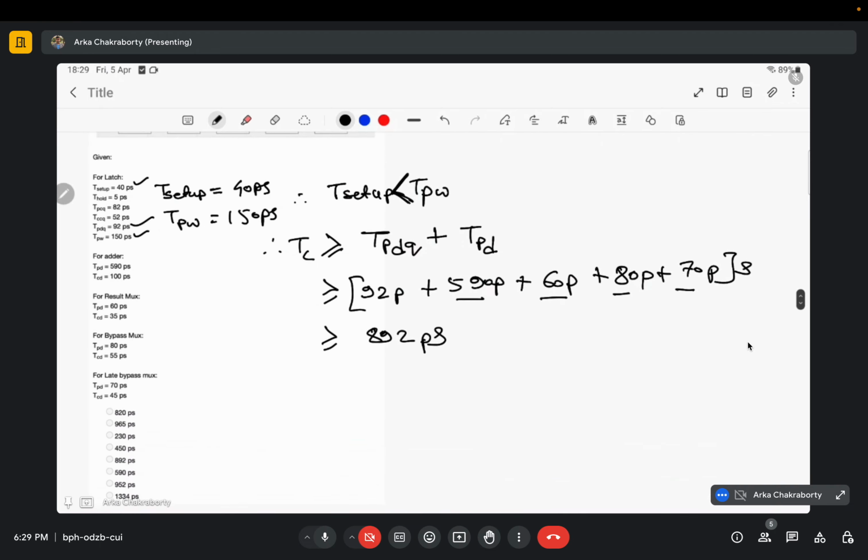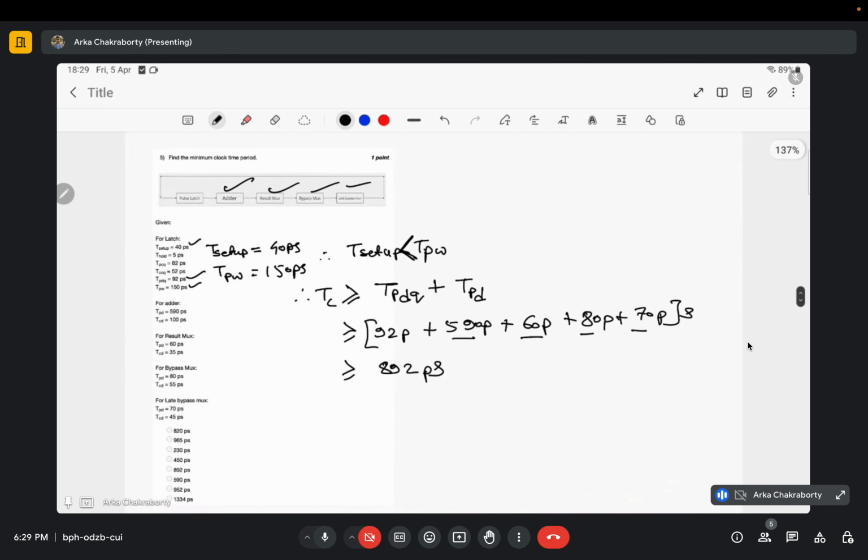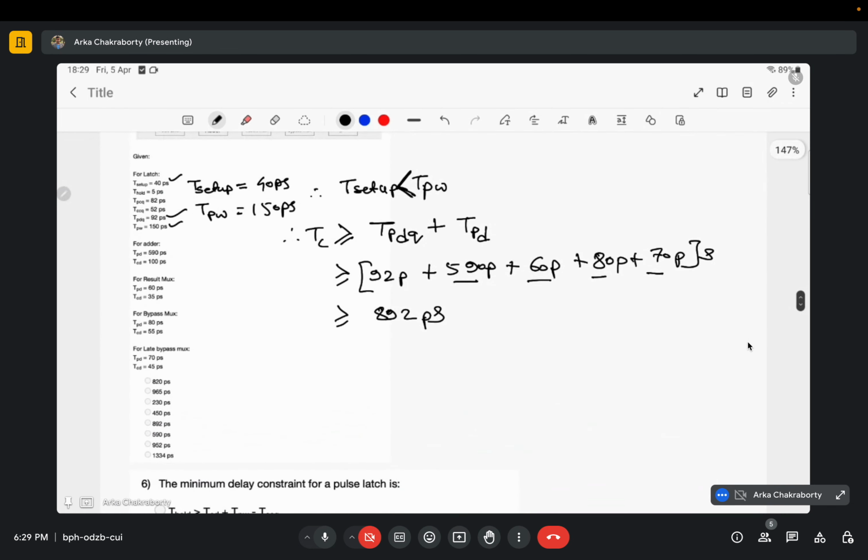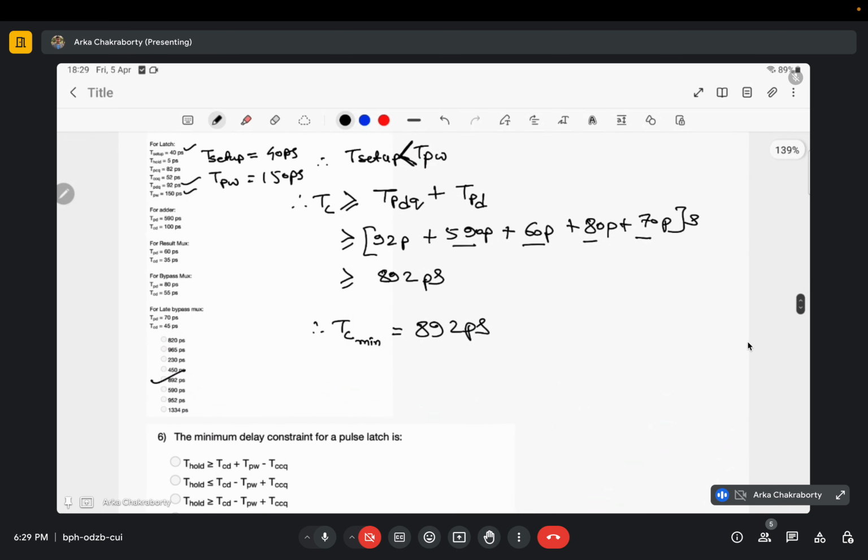Therefore minimum clock period TC minimum would be 892 picosecond. Correct? Any confusion, anyone?